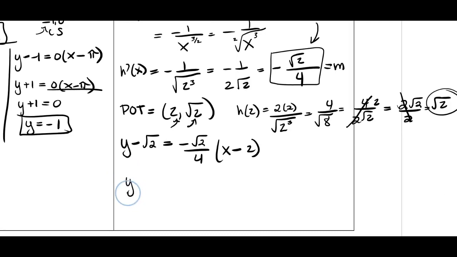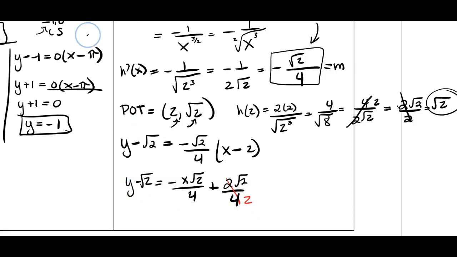Distribute that. y minus radical 2 equals negative x radical 2 over 4 plus 2 radical 2 over 4. Go ahead and reduce that to radical 2 over 2.